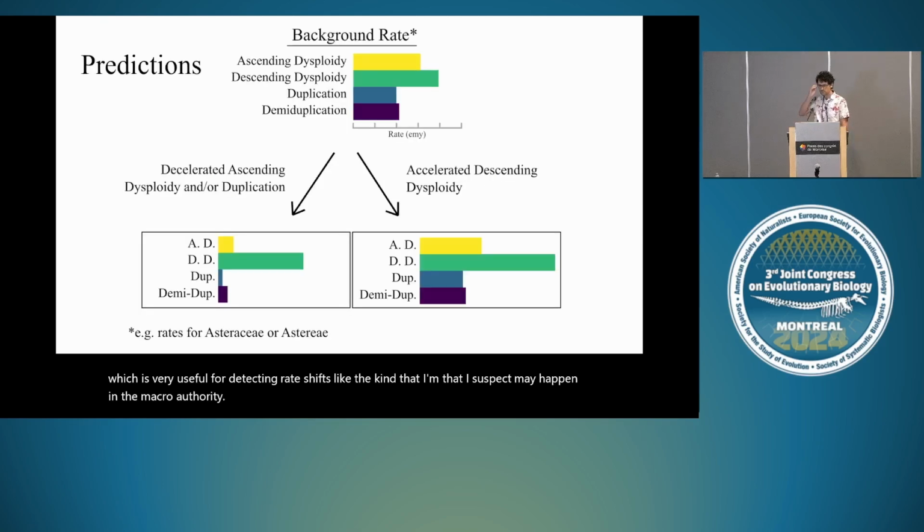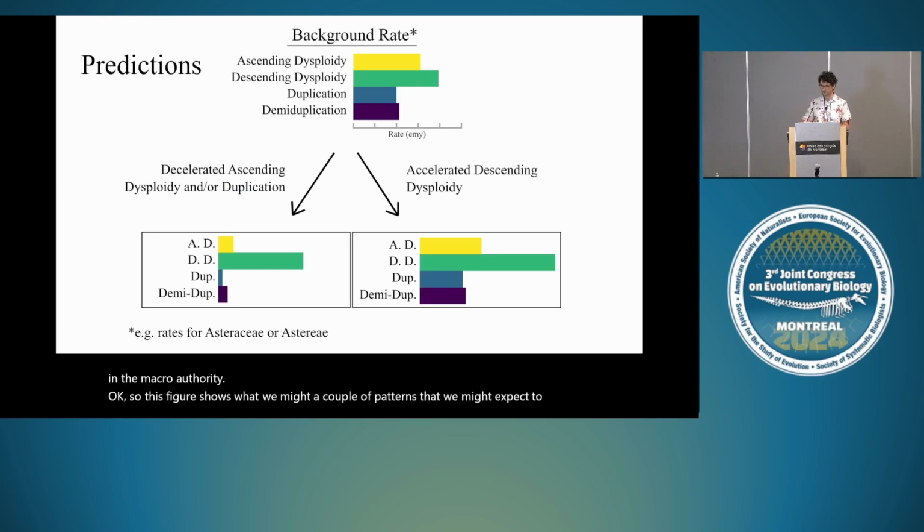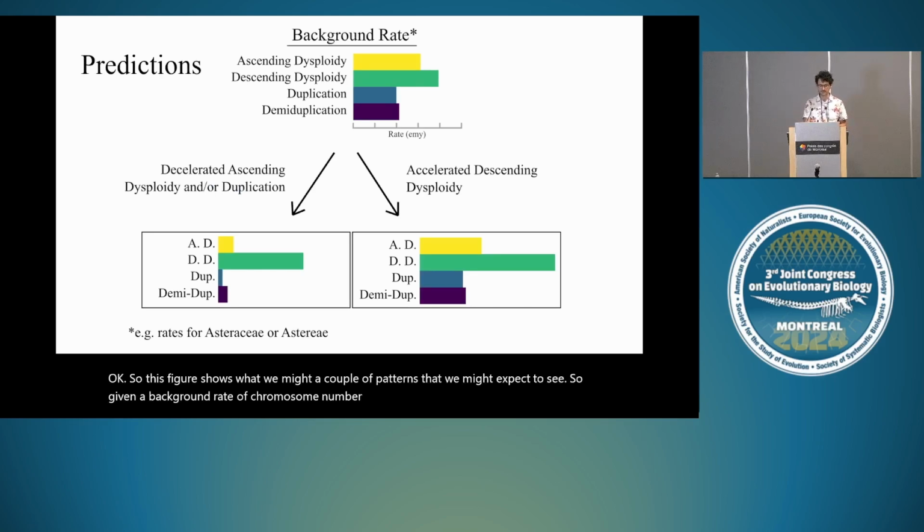This figure shows a couple of patterns that we might expect to see. Given a background rate of chromosome number evolution shown at the top, for example the rates estimated for the whole family, Asteraceae, or for the tribe, Astereae, in order to get to reduced chromosome number, we might see a pattern like the one on the bottom right, where descending disploidy, shown in green, rapidly accelerates, while all of these other rates, which are just different mechanisms of chromosome number increase, remain relatively stable.